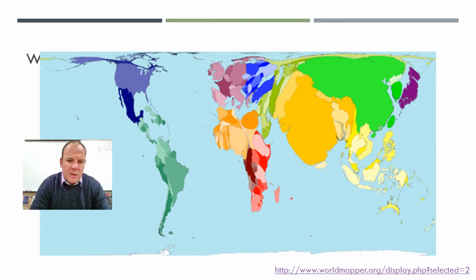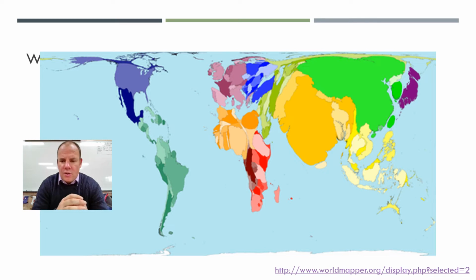Just to give you another bit of an infographic here, a bit more visual understanding of the world's population. This is called a cartogram. A cartogram changes the actual size of countries and represents it as a different stat. So what we've got here is the world's population and where people live. The more exaggerated it is, the bigger the population.